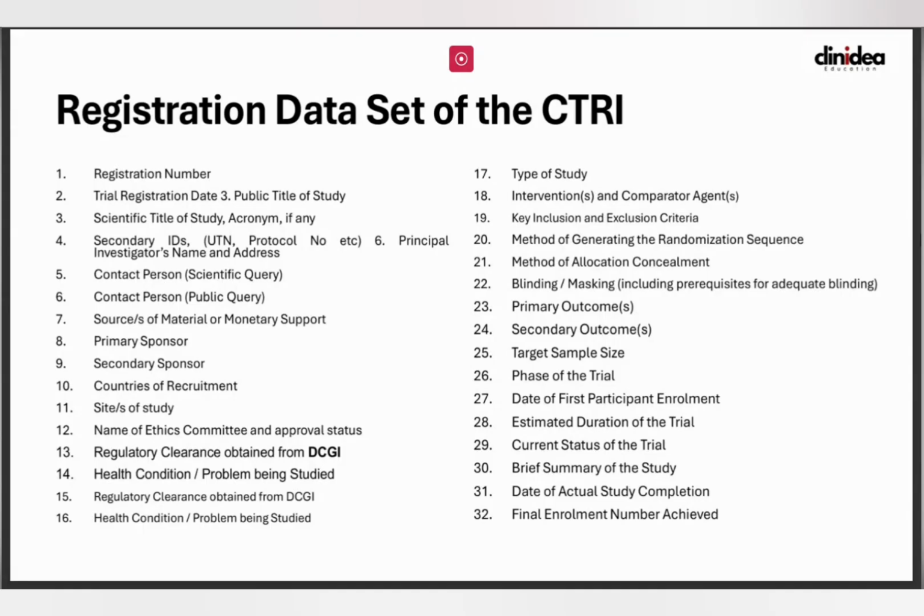Then comes the blinding or masking. So this states whether the study is single blinded, double blinded, or open label. We have not discussed single blinding and double blinding very deeply, but by now it would be clear to you that single blinded means the patient does not know whether they are getting placebo or the standard drug.